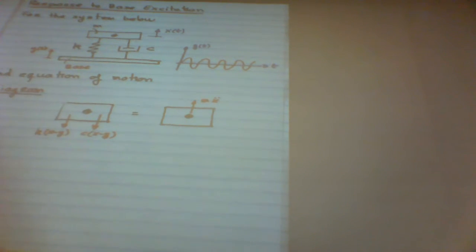How much is the block moving? x. So this should be what over here then? m x double dot, no? There are different derivations of this in different books, but I think this one is probably not the shortest, but the one where you at least see the physical meaning of every single term.